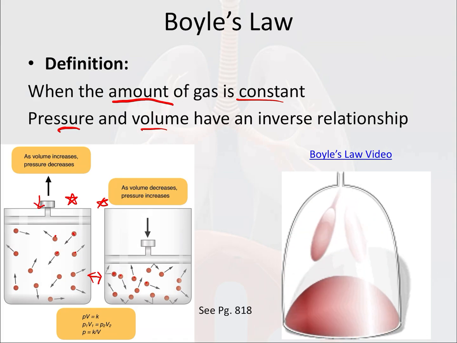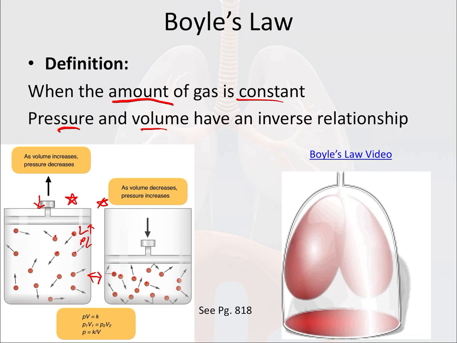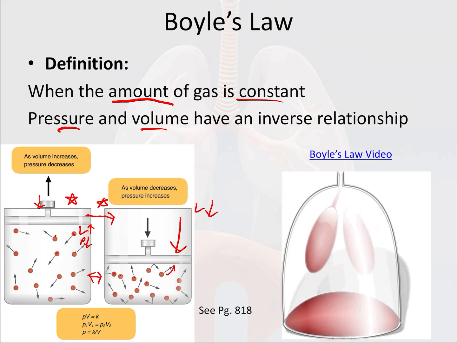So in this case, when the volume is larger, volume is up, pressure is down. Okay, when we move over to this one from here, we push this down, which makes the volume go down, which increases the frequency that these air particles hit the sides here, hit the walls.